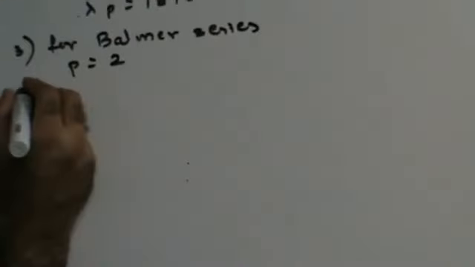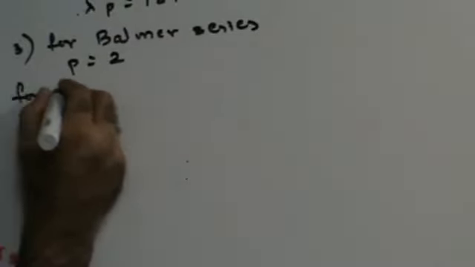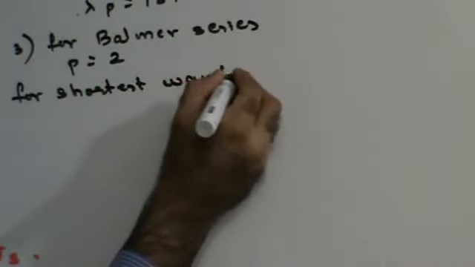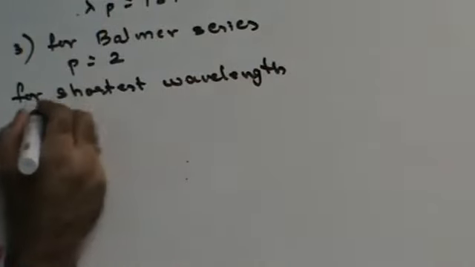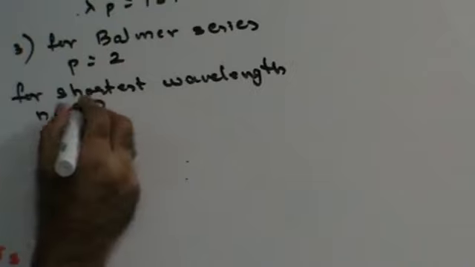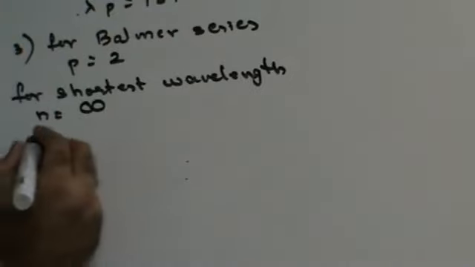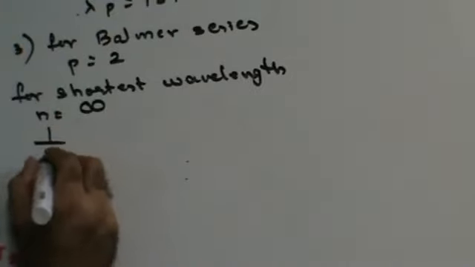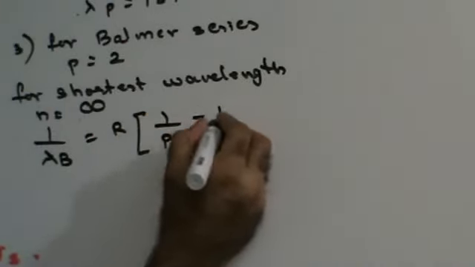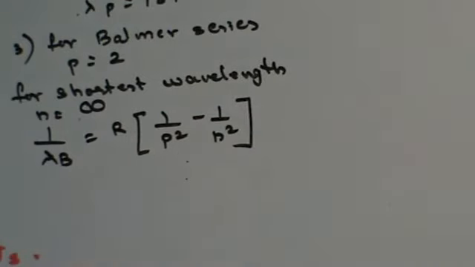Now, for shortest wavelength, n will be equal to infinity. For Balmer series, I can say 1 upon lambda b is R times 1 upon p square minus 1 upon n square. So you will get your answer in terms of R. Leave that answer in terms of R. Do not substitute the value of R.